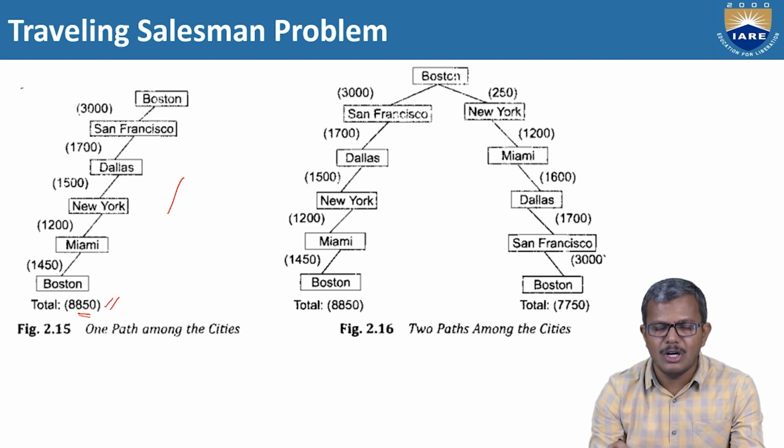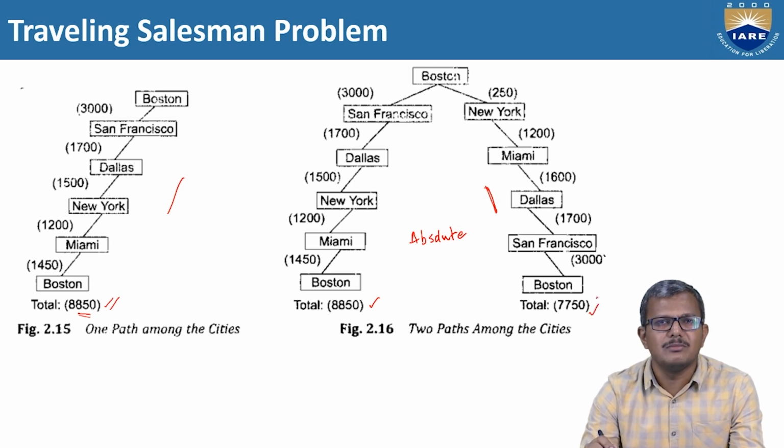So what needs to be done is that you should get the path that is completely absolute. So we are trying to observe the other paths also, which can cover the cities. In the first case, we got 8,850 distance, and in the second case, we got 7,750.